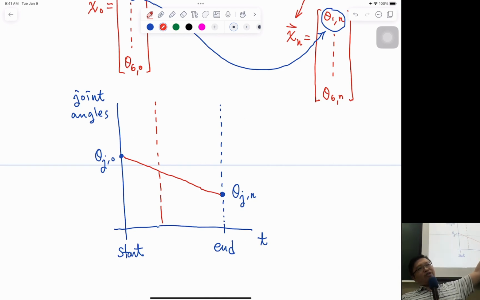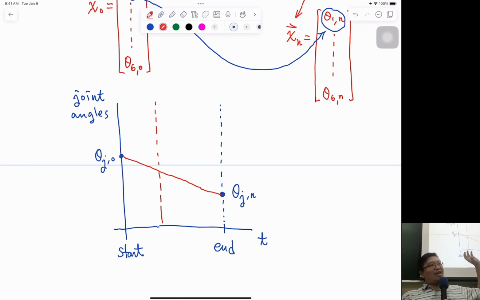You ask every motor to rotate linearly from its starting angle to the final angle. What you get at the end is some kind of curvy motion.